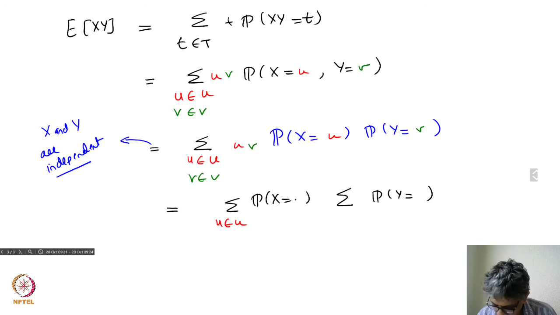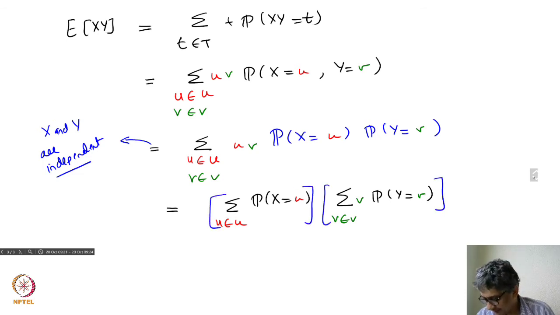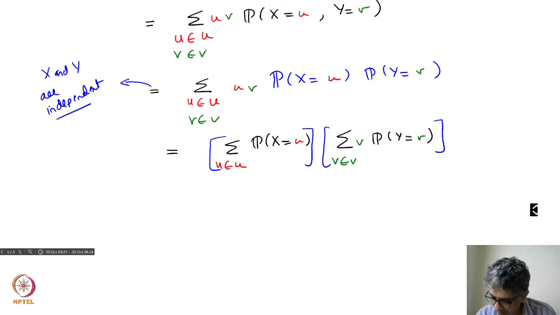So the sum splits up as a product. And that, if you just observe, is the same as E of X times E of Y.